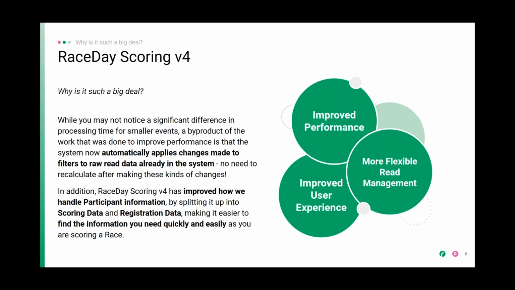So prior to this, if you had to change your timing location to say, okay, actually I need to start collecting finish times after 8:30 a.m., you'd have to recalculate raw reads because you would have to reapply that new filter change. With this new system, there's no need to do that. It just automatically impacts your read filtering as soon as you save it.